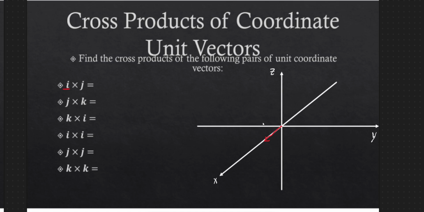This is i. J, I'll use blue for j, also length 1, but now along the y-axis. I should have done a little hat for i. And then k, I'll use green for this. This is 1 in the direction of the positive z-axis.